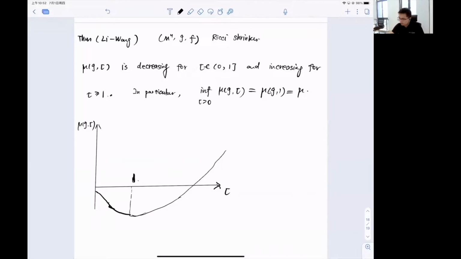Right? So the last identity is the so-called strong relation between the parabolic entropy and the entropy on the Ricci shrinker.